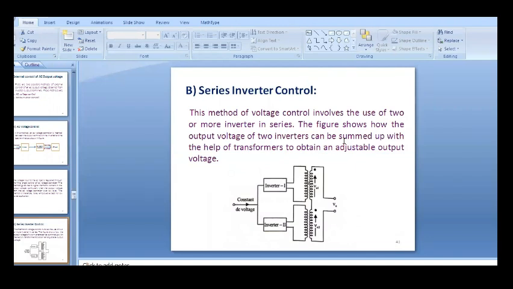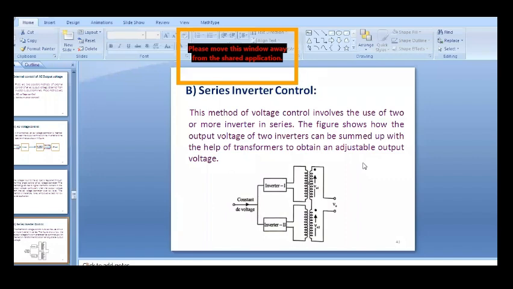Next is the series inverter control method. In this method, the voltage control involves the use of two or more inverters in series. From the figure, it is shown that there are two inverters.